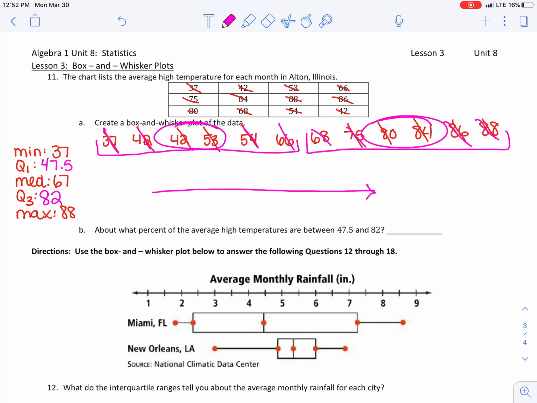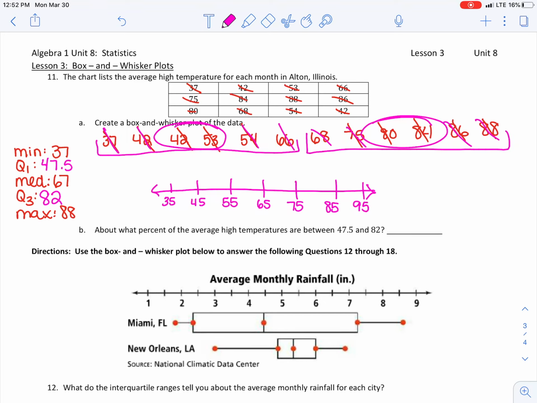So I'm going to first draw my number line. And with my number line, I have to at least start as low as 37. I'm going to start at 35. And I think this time I'm actually going to go up by 10s. So 45, 55, 65, 75, 85, and then 95.